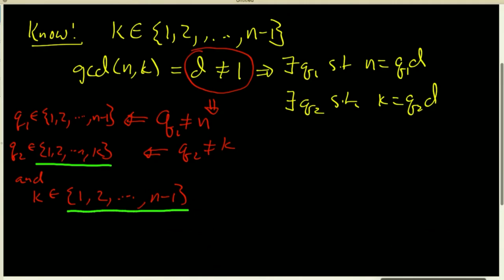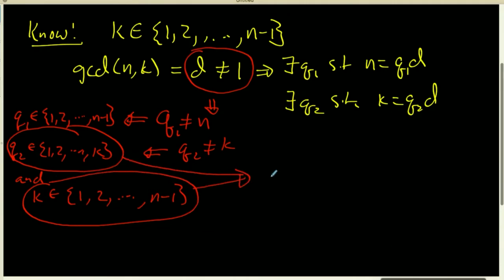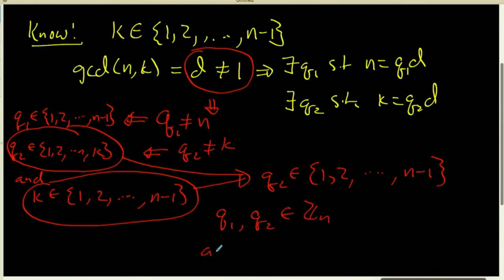And because of that, these two facts together say that Q2 is also inside the set {1, 2, all the way up to n minus 1}. In other words, the upshot is that Q1 and Q2 both belong to Zn, and Q1 and Q2 are not equal to 0 inside Zn.